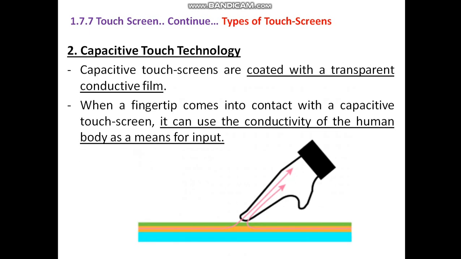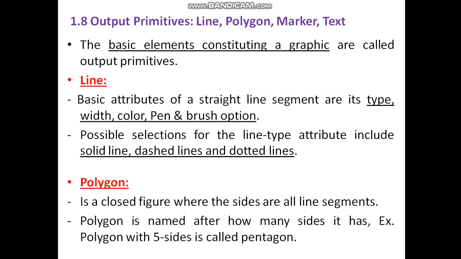Then the second one is capacitive touch technology. Capacitive touch screens are coated with a transparent conductive film. When a fingertip comes into contact with the screen, it uses the conductivity of the human body as the input. This is known as capacitive touch technology.